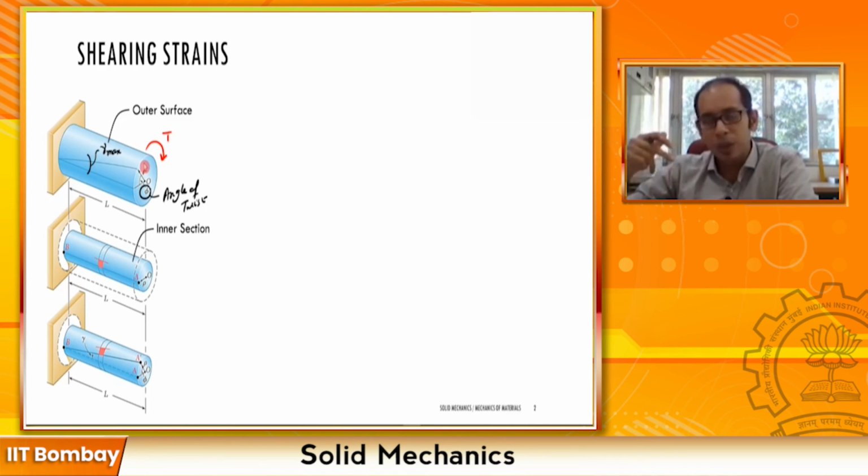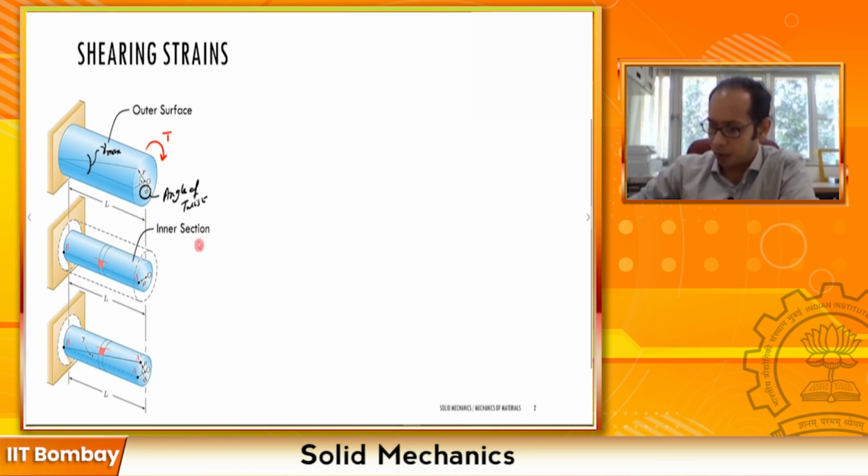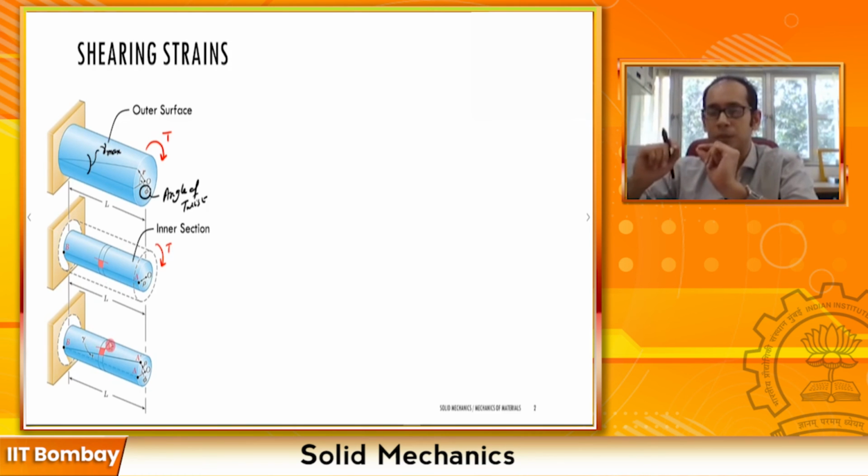Now, as you go inside, if you take an intermediate section which is not at the extreme periphery and not at the central line, this was the element which was there before you applied the torque. After you have applied the torque T, this rectangular element has undergone a change of shape, again without any appreciable elongation or contraction, right?